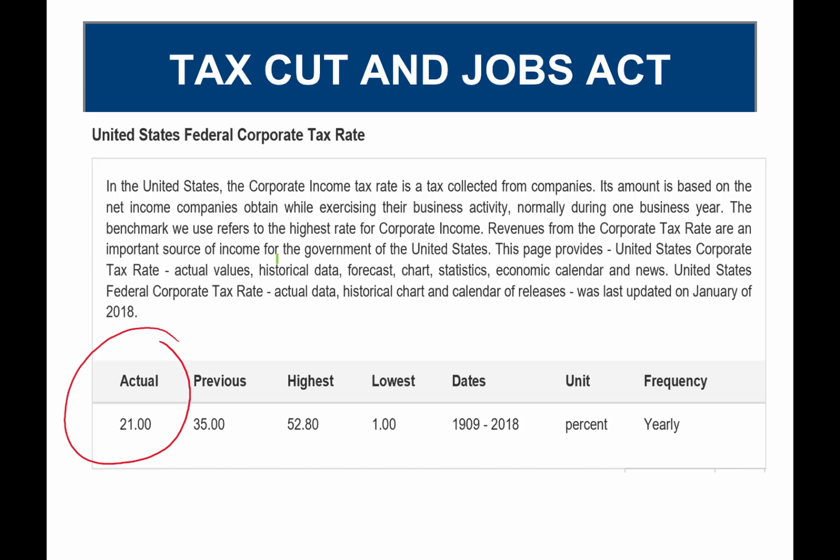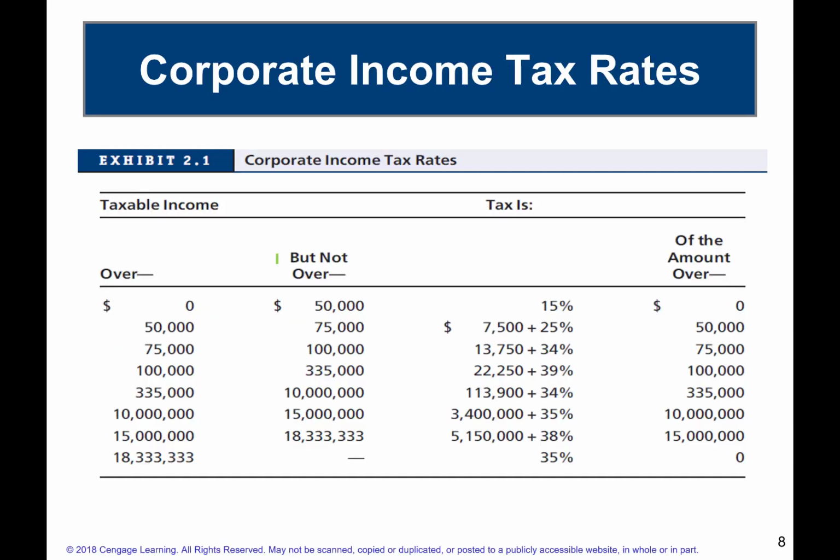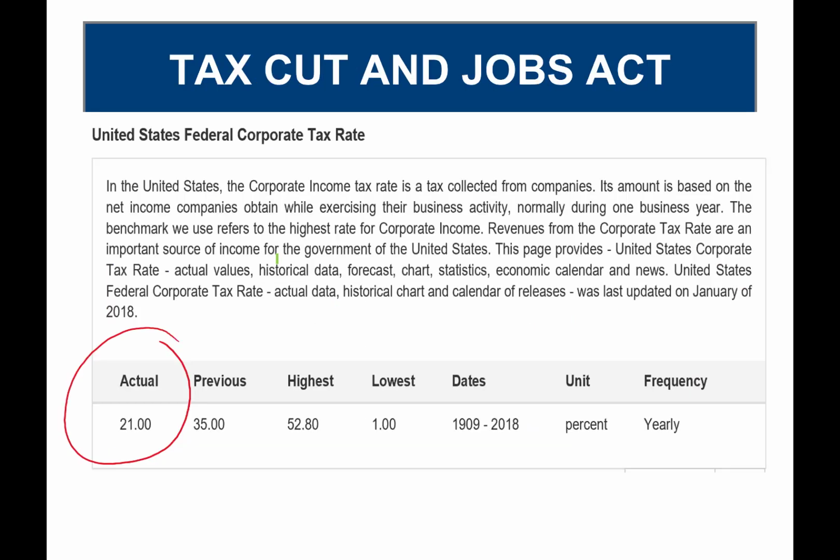I hear everybody still calling that tax reform, and every time I'm like, don't call it tax reform, because it's not tax reform. It's Tax Cuts and Jobs Act is the way to refer to it. But you can see they've lowered that rate significantly from the upper rate of 35%, 39%, down to this 21%.